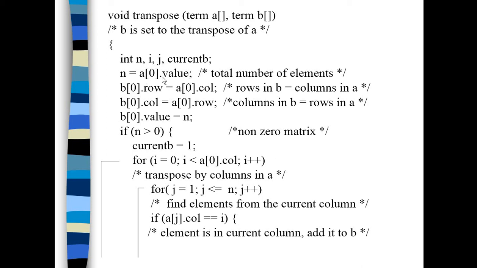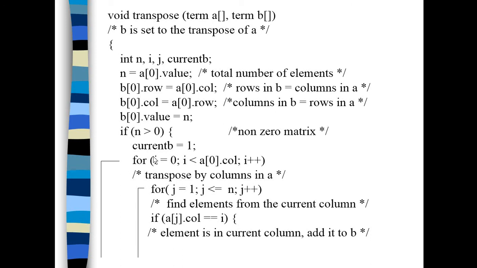A of 0 dot value is the total number of non-zero elements. In the transpose matrix, as many columns as are in the actual matrix will be rows in the B matrix, and as many rows as are there will be columns in B. N is the total number of non-zero elements. If n is greater than 0, it means we have non-zero elements.